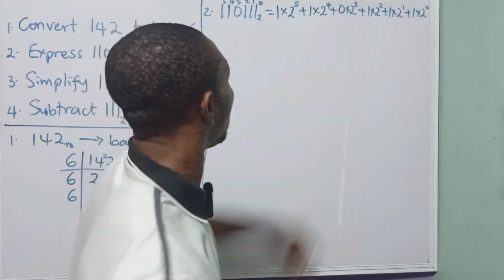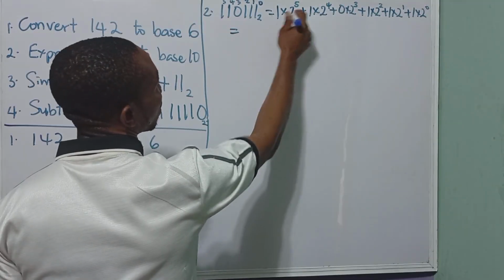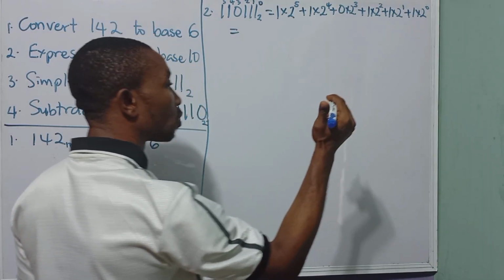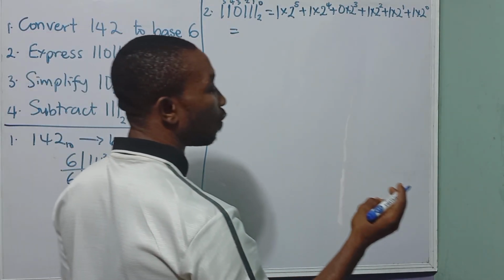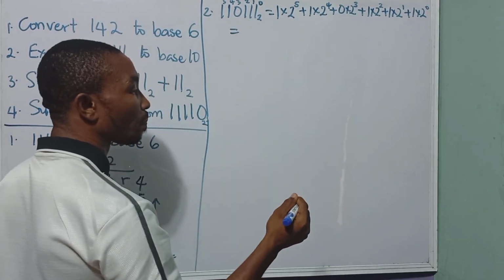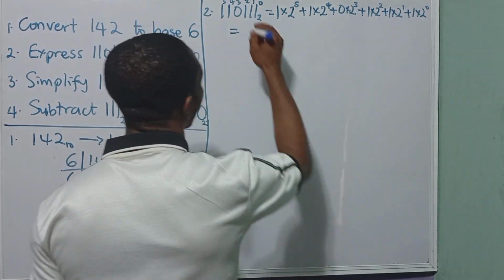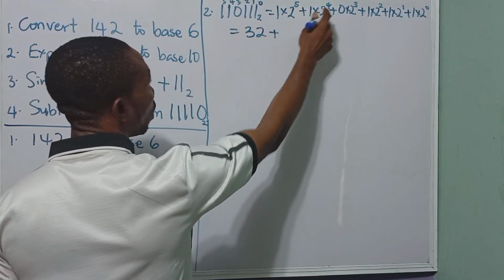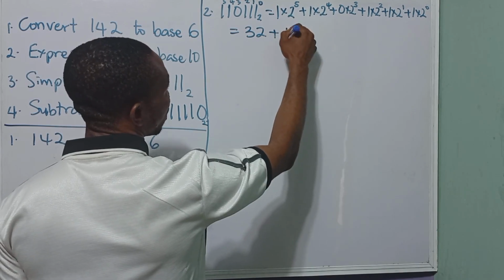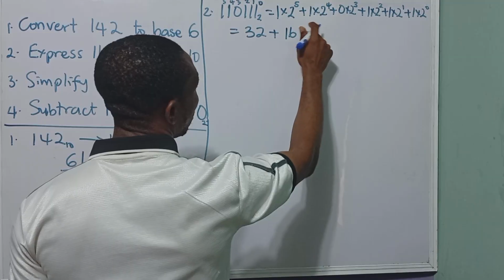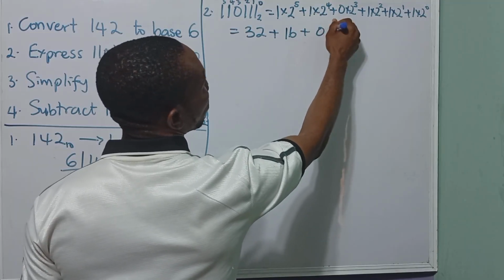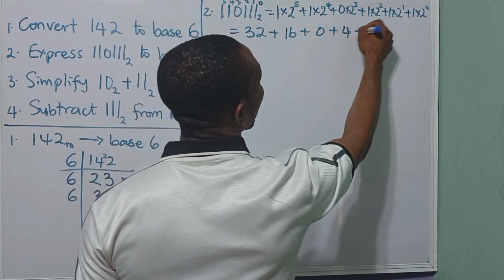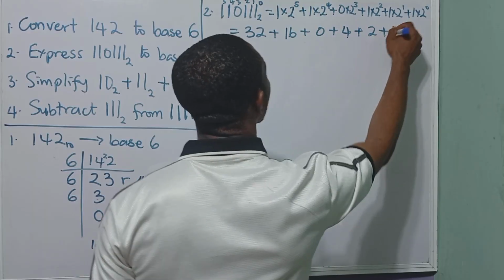Now we know that anything raised to the power 0 is 1 and whatever is multiplying 0 is 0. So 2 raised to the power 5 will be 2 times 2 times 2 times 2 times 2 in 5 places. So 2 times 2, 4, 4 times 2, 8, 8 times 2, 16, 16 times 2, 32. 32 times 1 gives us 32, plus 16 times 1 gives us 16, plus this is 0, plus 2 times 2, 4, plus 2, and plus 1.